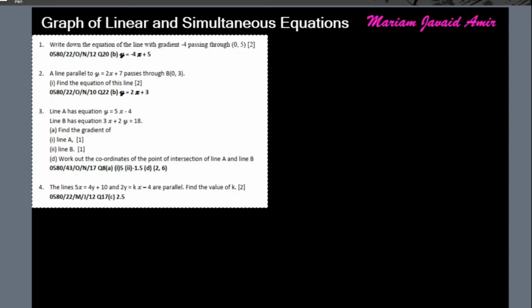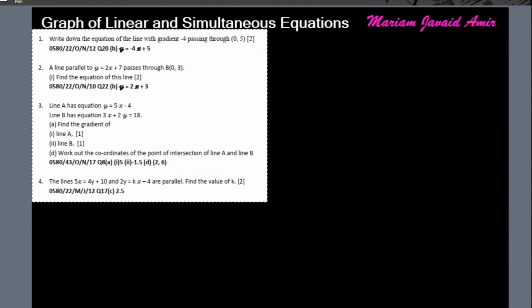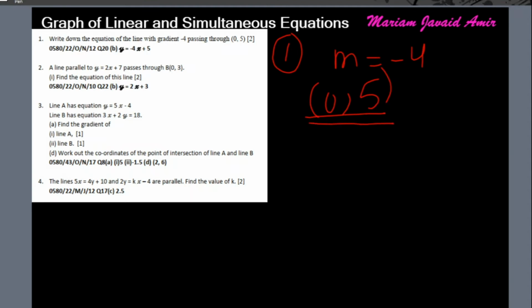Alright. Starting question number 1, which says, write down the equation of a straight line with gradient. Gradient is simply the slope. So with gradient -4 and passing through the point (0, 5), when we get such a coordinate, this is the value of c.